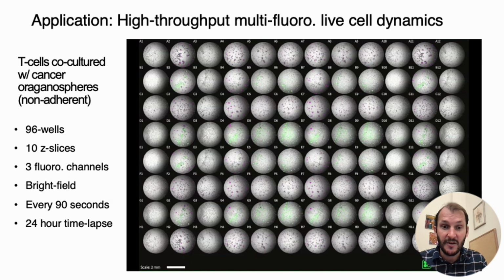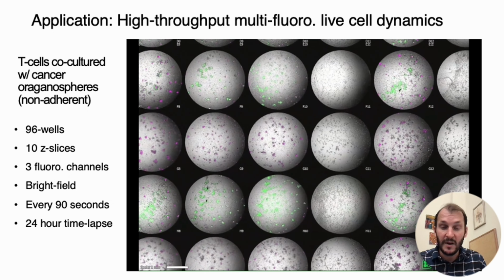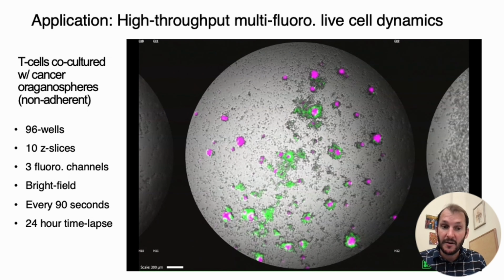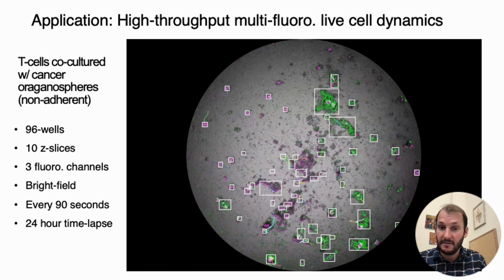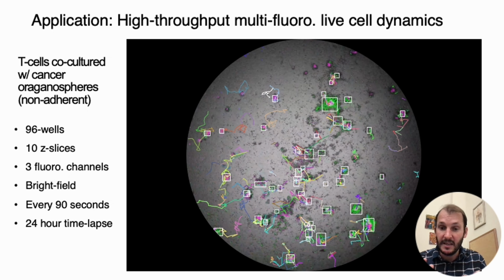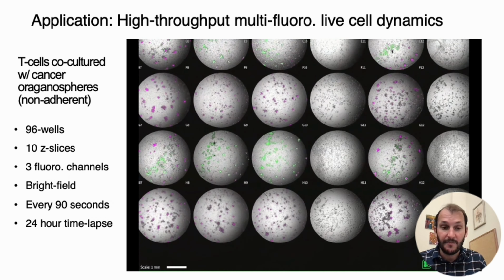In this video you'll see the ability to zoom in on any of the wells, and here we're seeing 2-channel fluorescence, red and green fluorescence, 3-channel fluorescence and bright field. And then we're developing software to be able to rapidly track and follow these cell clusters across time.